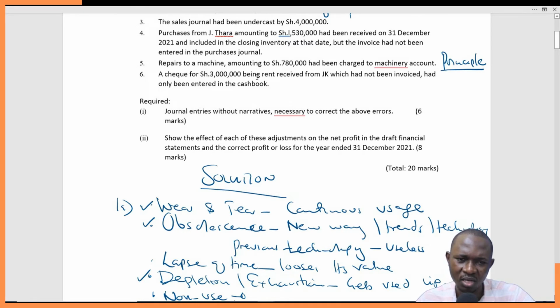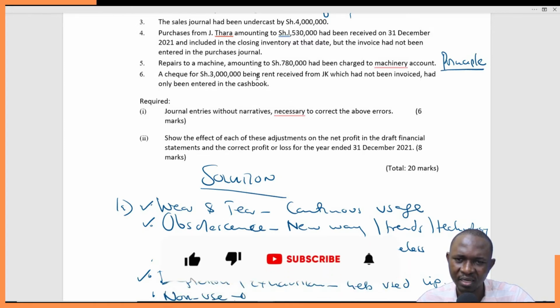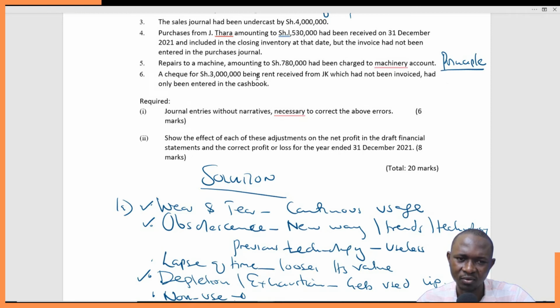So in the cash book, we have shown that we've received it. So it is the rent received account that has been entered in the cash book.